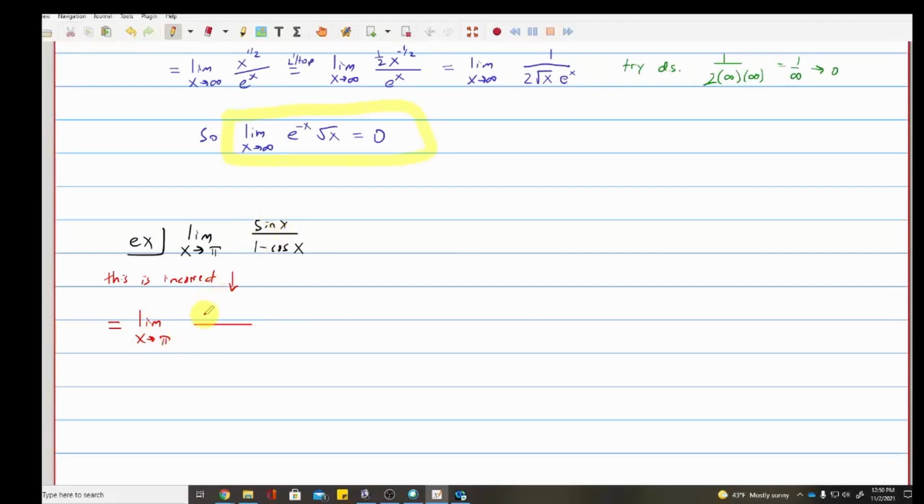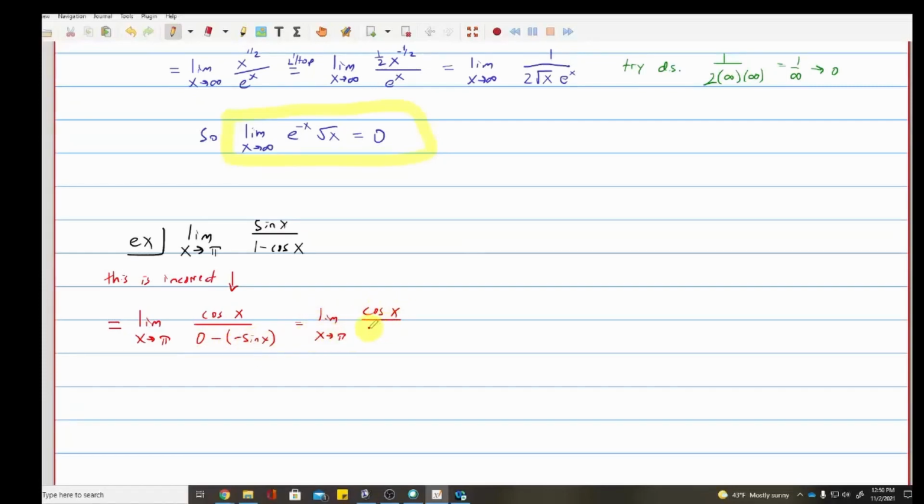The derivative of sine x is cosine x. On the bottom, the derivative of 1 is 0. So I have 0 minus, the derivative of cosine x is negative sine x. That's tricky because I have this double negative, but I didn't make a mistake there. So my double negative gives me a positive sine x, so 0 plus sine x is just a sine x in the denominator.